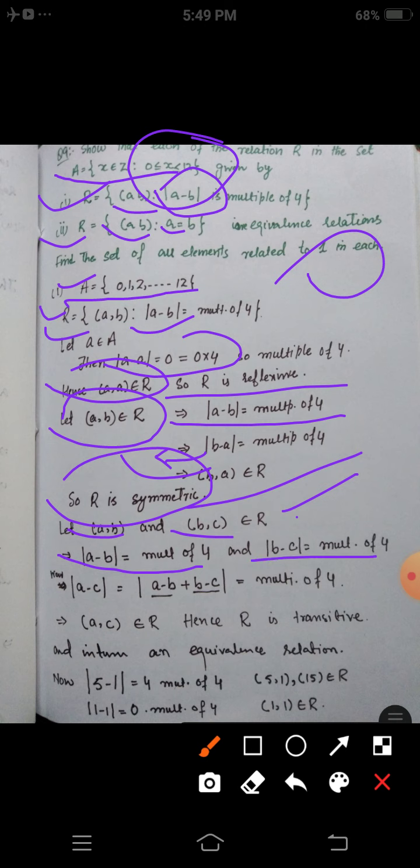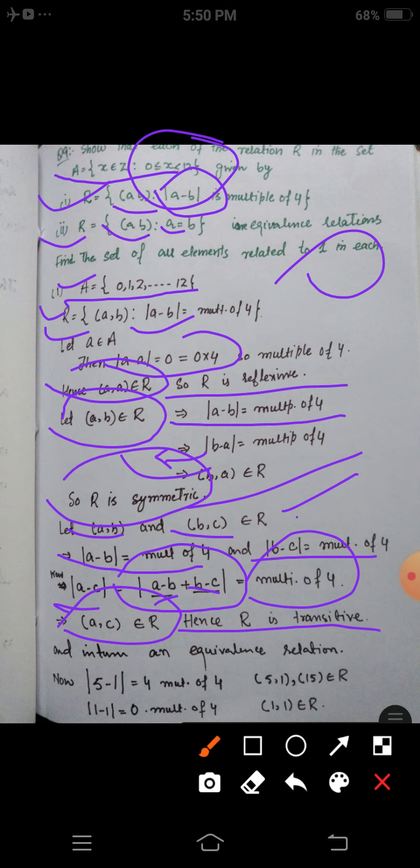Now we have to prove that (a, c) belongs to R. Now |a − c| equals |(a − b) + (b − c)|. Since a − b is a multiple of 4 and b − c is a multiple of 4, the sum of two multiples of 4 is again a multiple of 4, by taking 4 common. So a − c is a multiple of 4, which implies that (a, c) belongs to R. This means that R is transitive also.